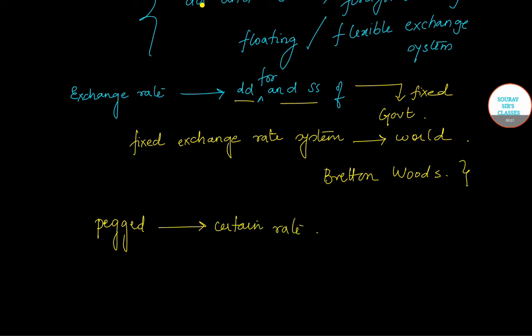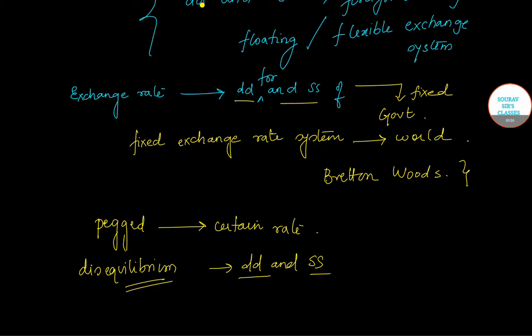Now at the fixed exchange rate, if there is any kind of disequilibrium, so let me say first about disequilibrium. Now in case of disequilibrium, if you have market forces to operate, that means demand and supply, as in case of the floating exchange rate, then the system will adjust. The demand and the supply curve adjust themselves and the equilibrium will be achieved.